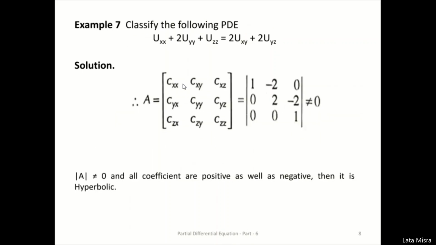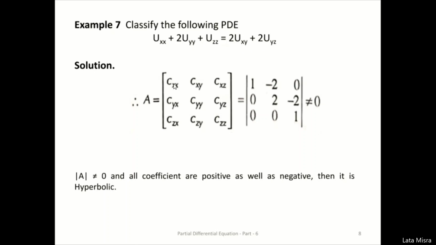Here we have another example, that is uxx plus 2uyy plus uzz equals 2uxy plus 2uyz. Take 2uxy plus 2uyz to the left hand side, and then we find the coefficients.